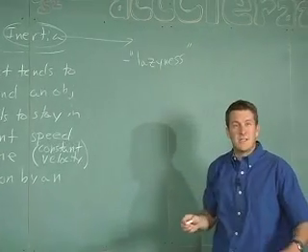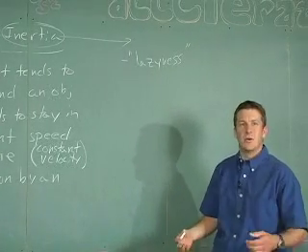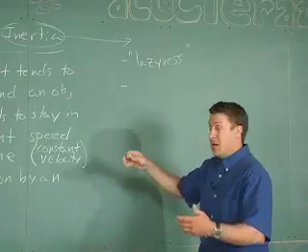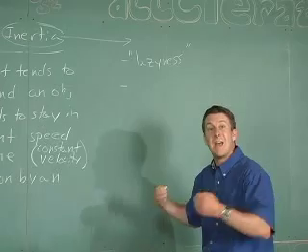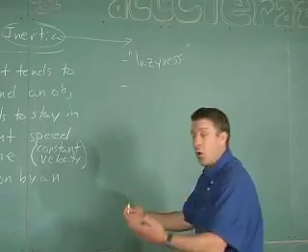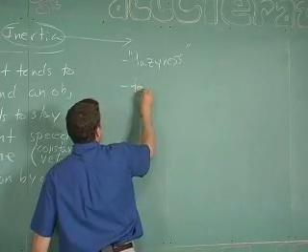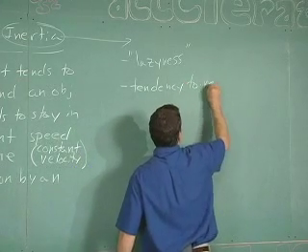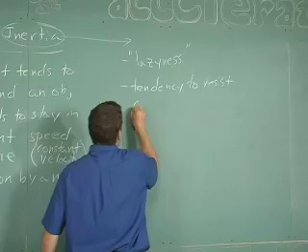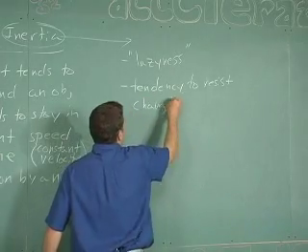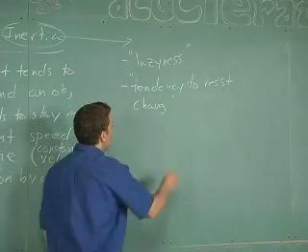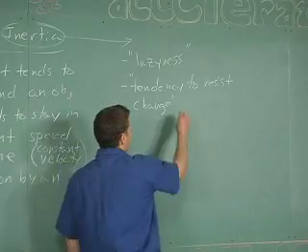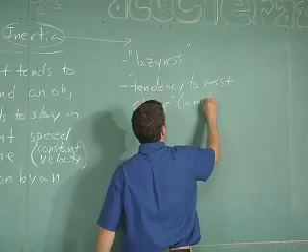And this laziness is really more accurately defined, even by Galileo, as being a tendency to resist a change in motion. A tendency to resist change. Now, what we're really talking about, the change of what? We're talking about a change in motion.